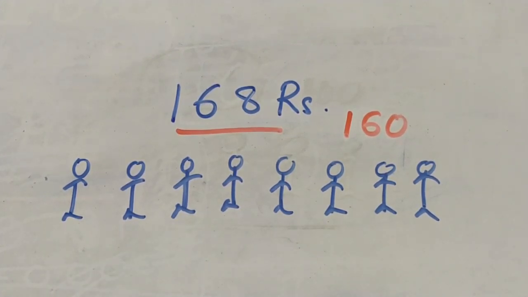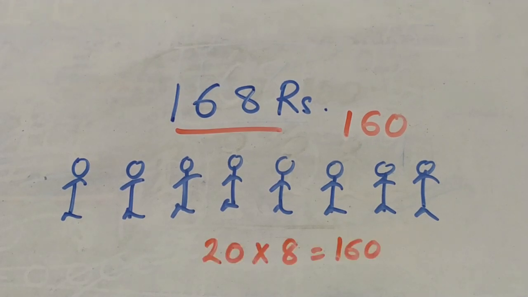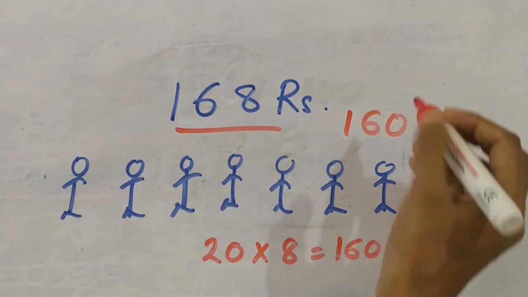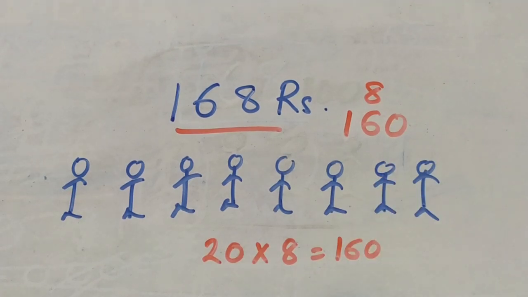When we share 160 among these 8 children, one person will be getting 20, because 20 into 8 is 160. Right? Now how many rupees are left? 8 rupees are left.